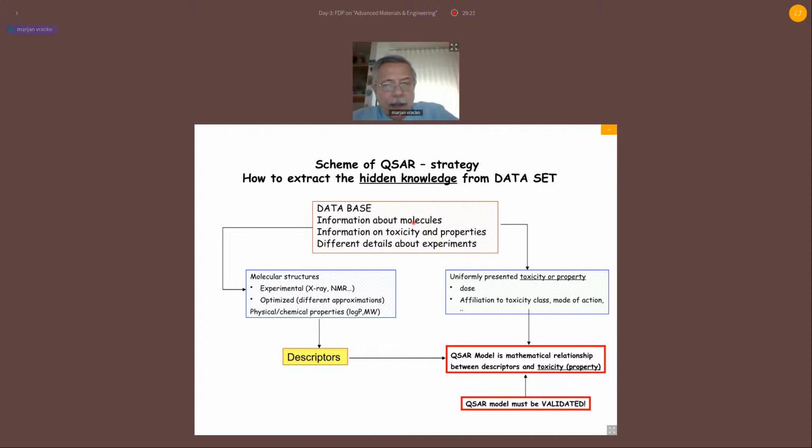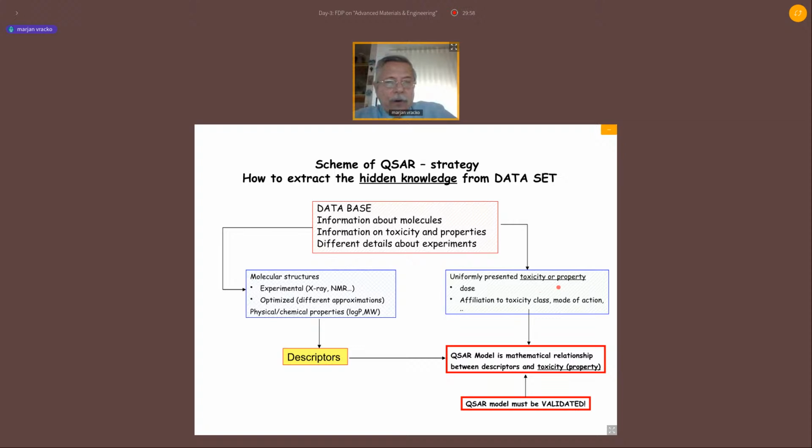And what is now our task? First, we have to extract the molecular structure from the database. I need the molecular structures, for example, experimental structure, optimized, or so on, and or some physicochemical properties which will be used as descriptors. This is on the one side. On the other side, I need a uniformly presented toxicity or property.